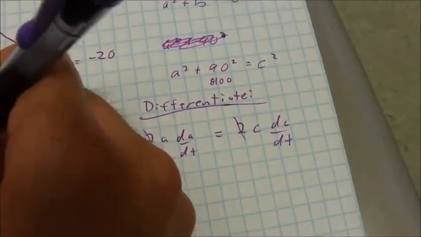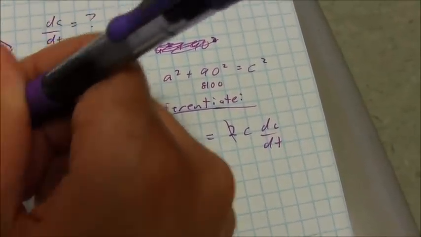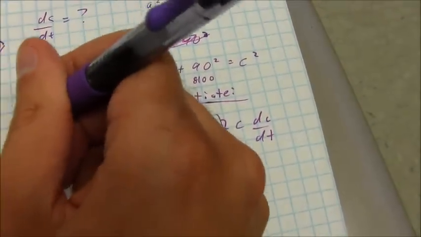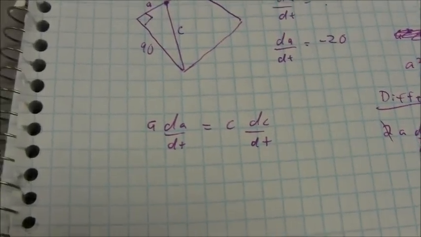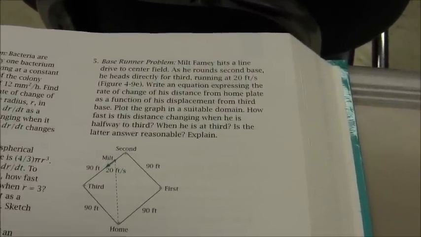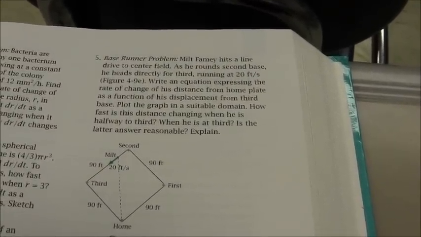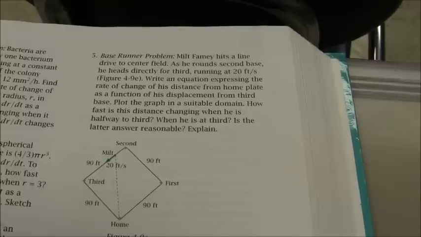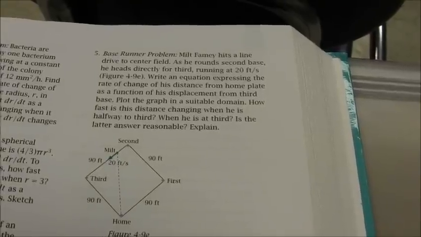So I have A dA/dt equals C dC/dt. And if you go back and look at the original problem, you can see that it's asking me, among other things, and what I'm going to focus on here, how fast his distance is changing when he's halfway to third.